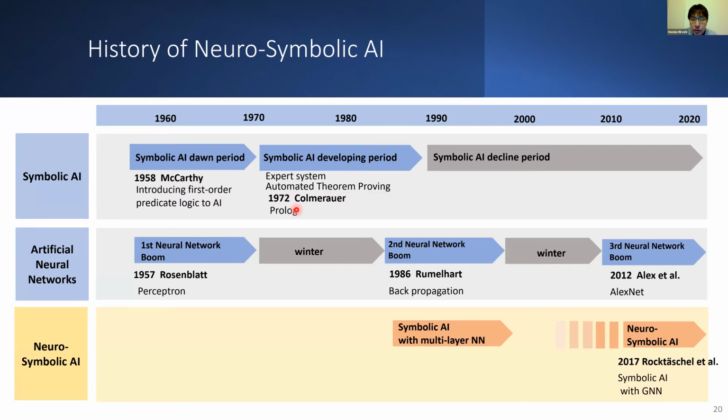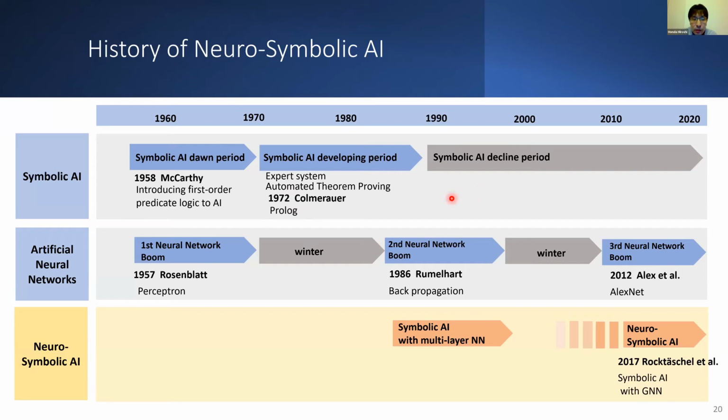Prolog was developed in 1972. However, since the 1990s, symbolic AI has been used only in a limited area because it is difficult to deal with data ambiguity and errors.